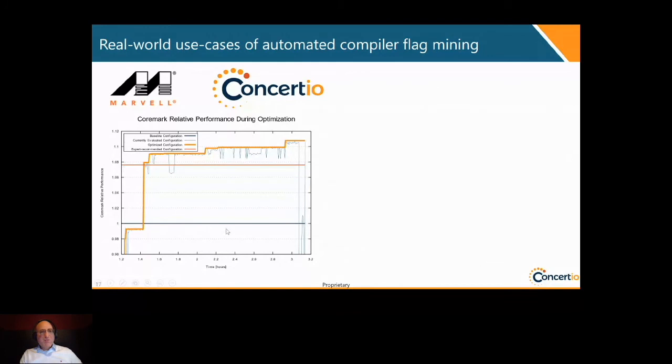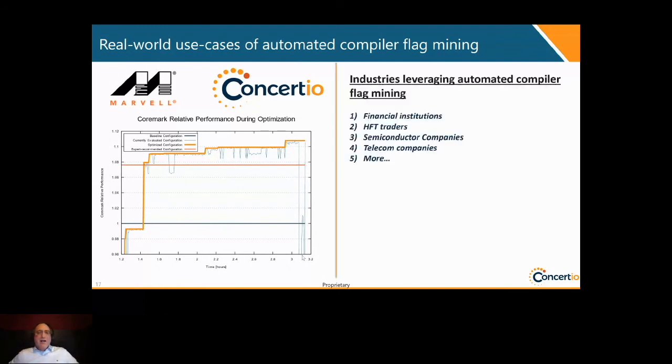And the baseline here was -Ofast. So above -Ofast, the experts were able to achieve around 7%, and the tool was able to achieve around 10%. And this was done in 3 hours of running the tool. And that was with a previous version of our software. Now it will be much faster.